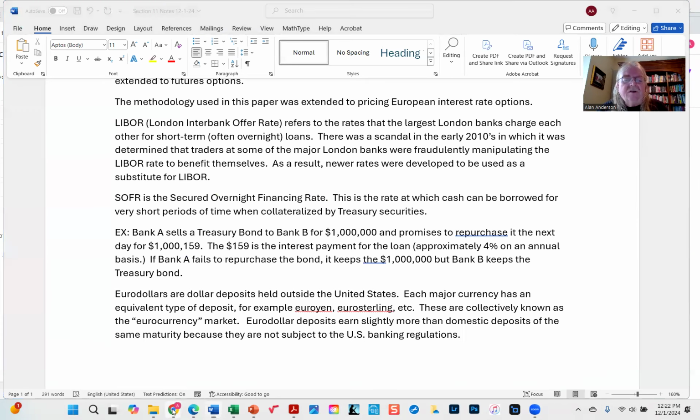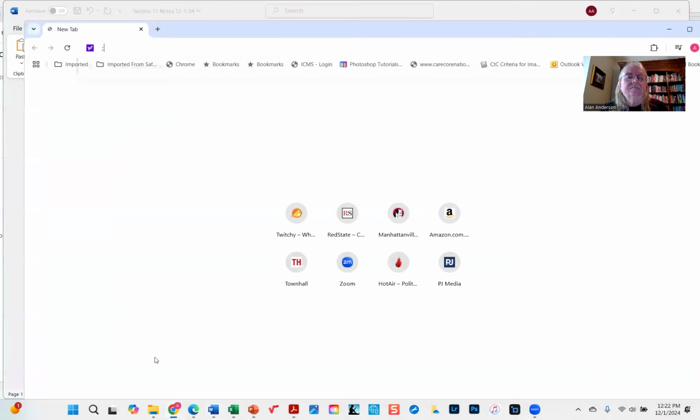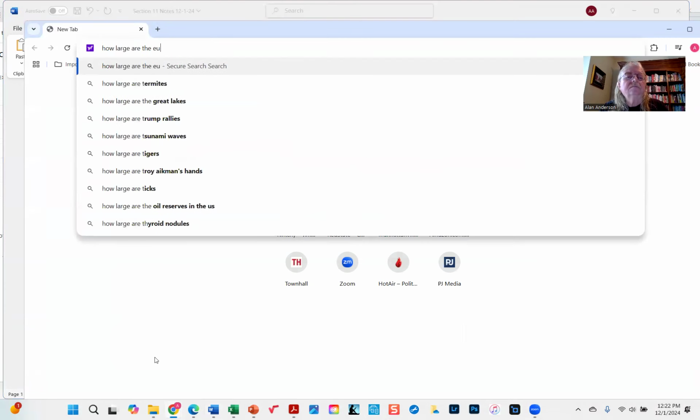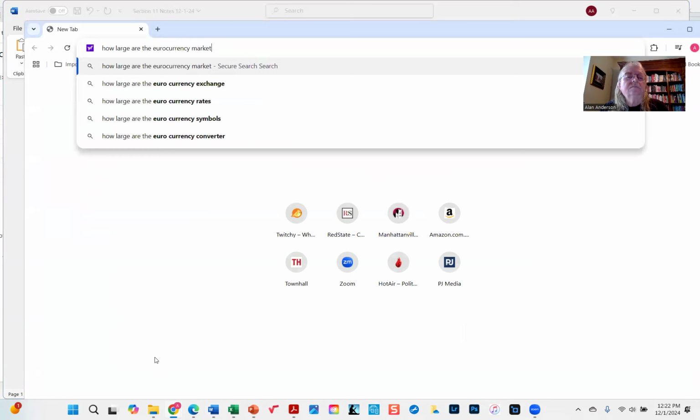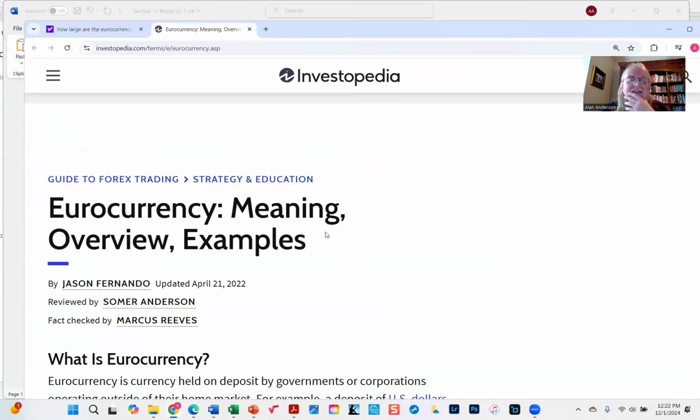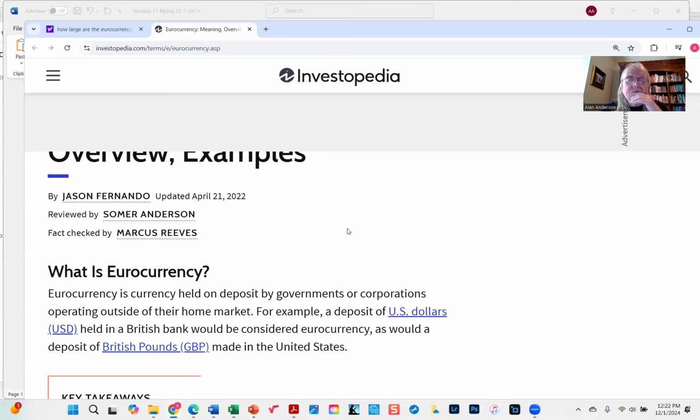I don't know. Let's see if we can figure out how big it is. It says about $14 trillion. Yeah. Ooh, that's a big market as of April 2022.